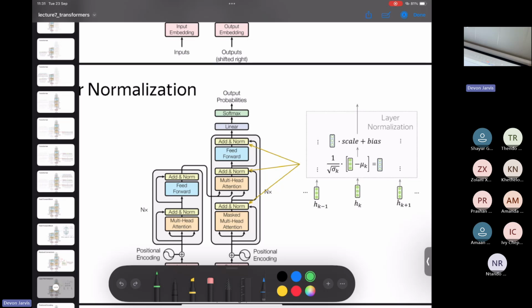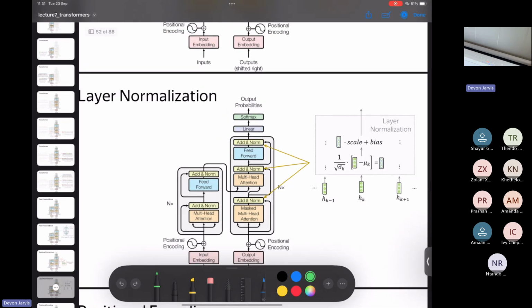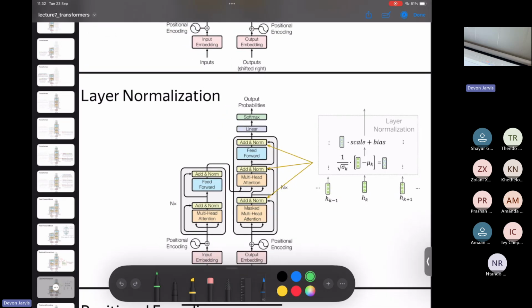So again, the whole point of this transformer is that you leave a lot of things up to the data and up to the learning process, right? This is saying that, okay, I can standardize it and I can zero center it, so I can make sure that the dimensions of my embeddings are reasonably scaled and reasonably situated in my embedding space. But I don't really know if that's exactly what I want.